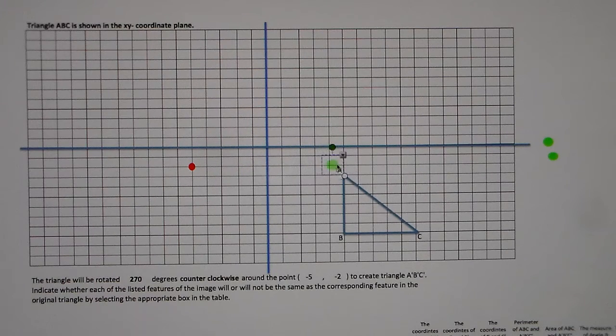So 10 east is now 10 south. 1, 2, 3, 4, 5, 6, 7, 8, 9, 10. 10 south, and they went 1 south before in the original, so we got to go 1 west. So that's our location of A prime.